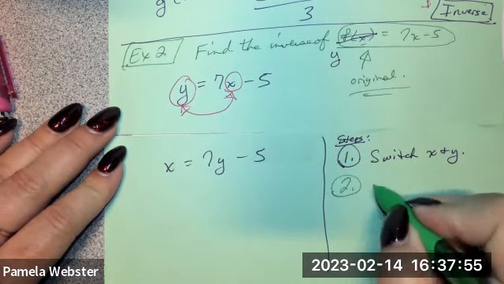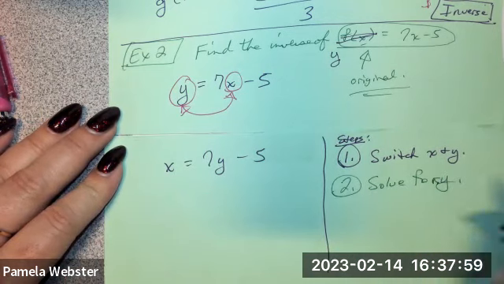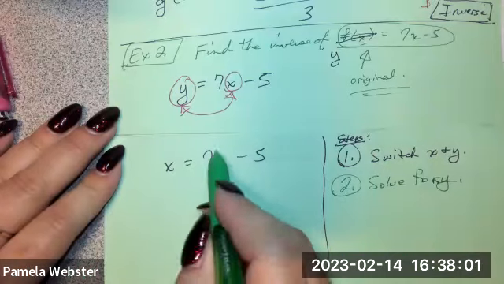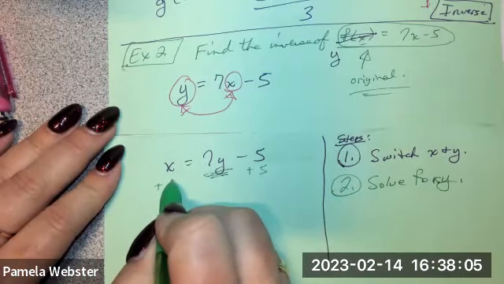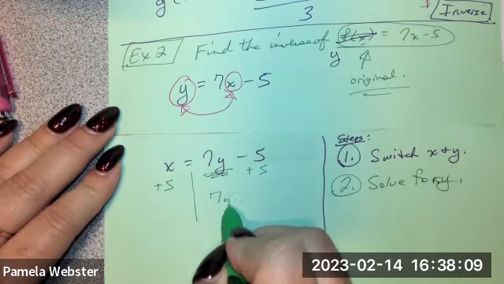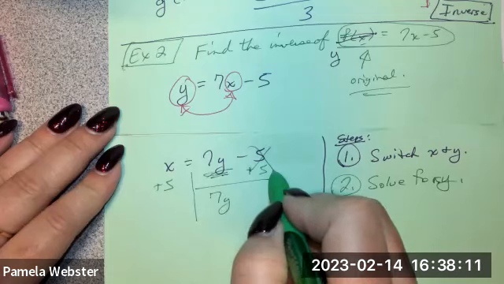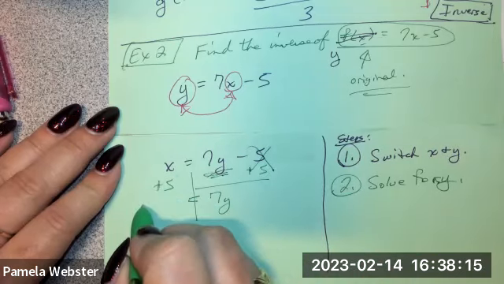Step number 2, now that you have done that, solve for y. Okay, well, we've done that before. So we want to get this guy by ourselves. So I'm going to add 5 on the other side of the equal sign, right? 7y, these go away, equals x plus 5, because I added 5.